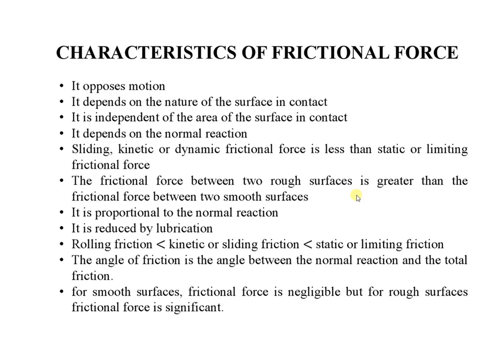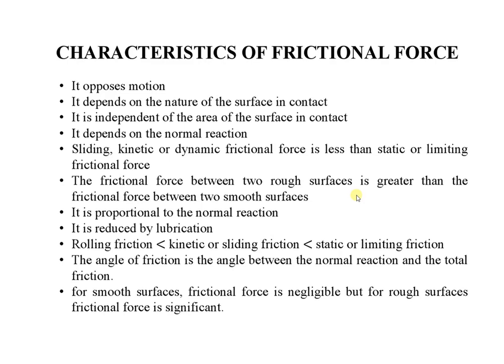The frictional force between even two rough surfaces differs depending on the nature of the surface. Number three, it is independent of the area of the surface in contact. Four, it depends on the normal reaction. Sliding, kinetic, or dynamic frictional force is less than static or limiting frictional force.